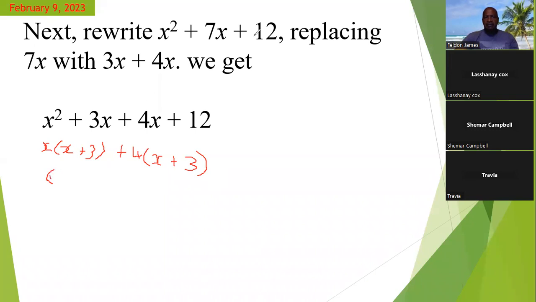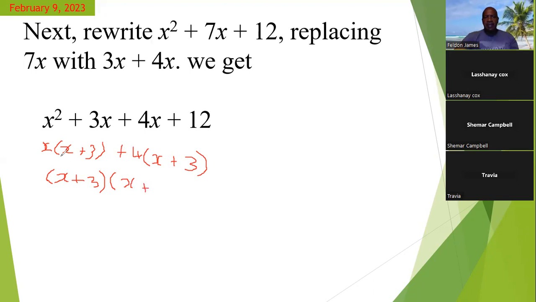So you have x plus 3. And you divide each of these: x times x plus 3 divided by x plus 3. The x plus 3 cancels, and we have x remaining in the bracket. Then keep your plus sign.